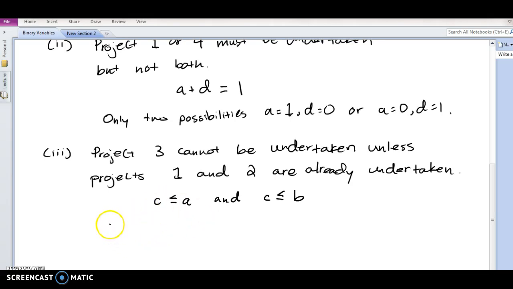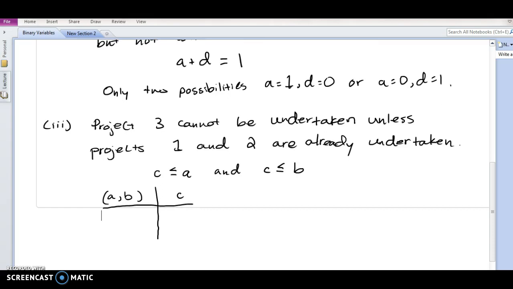We could have a chart where we have A, comma B, and then we also have the third variable C. This chart is basically just telling us the state of each project, whether it's been undertaken or not. So basically there are 3 scenarios that we want to consider.